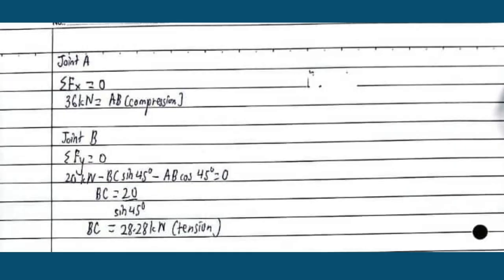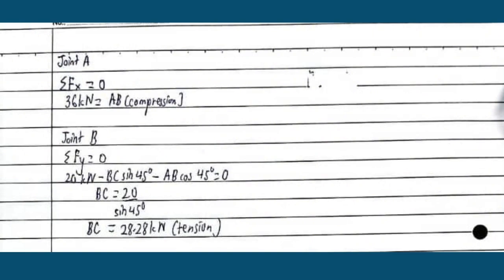Right. Let's go to the method of joints for each force member. For member AB, at joint A, the only force acting on the joint is 36 kN. Since the joint is in equilibrium, the force in member AB must be 36 kN in compression.